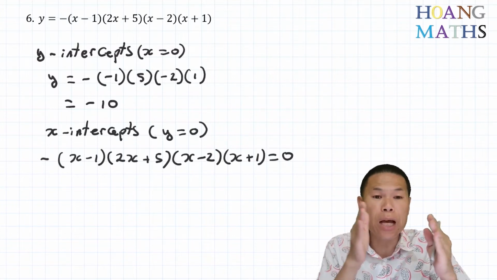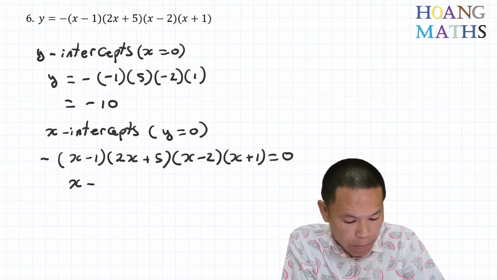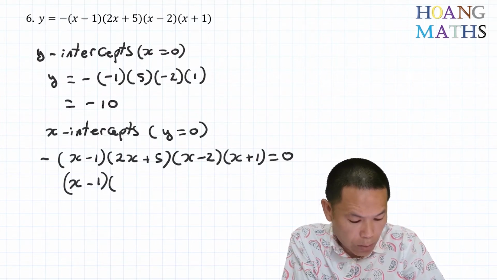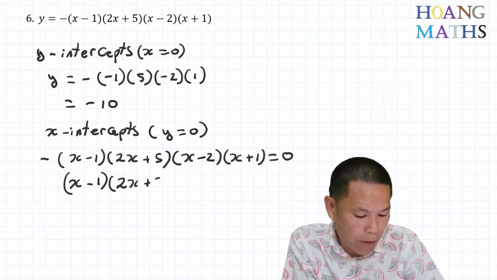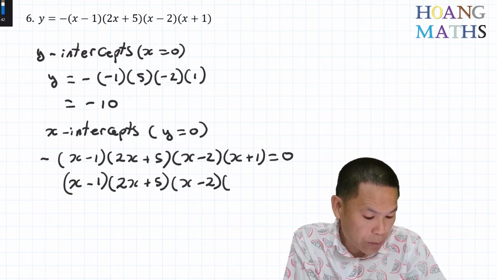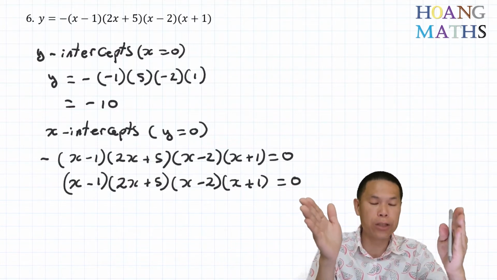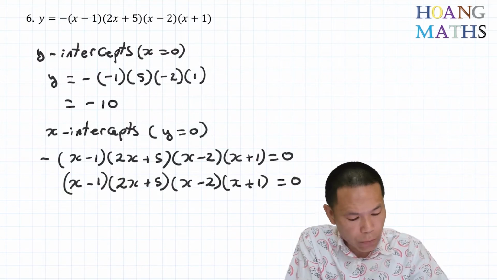Then if I multiply a negative number, this becomes positive. So x minus 1, 2x plus 5, x minus 2, x plus 1 is equal to 0. Because 0 times a negative number is still 0, right?